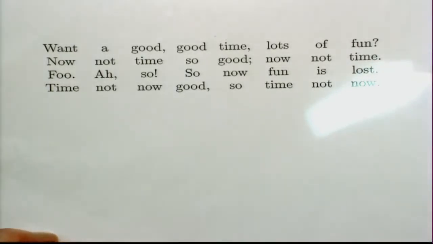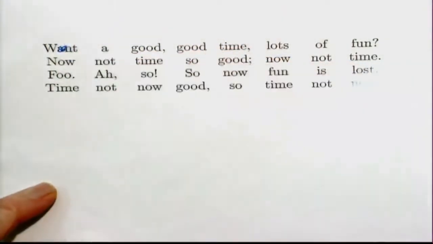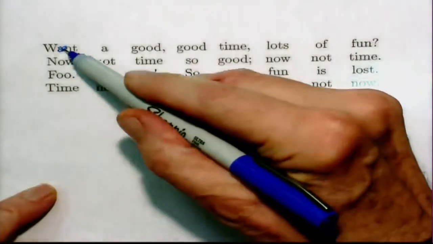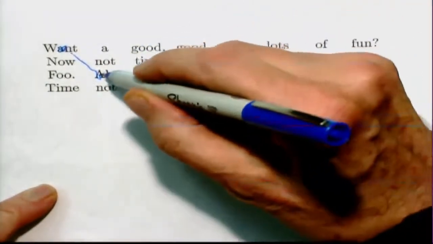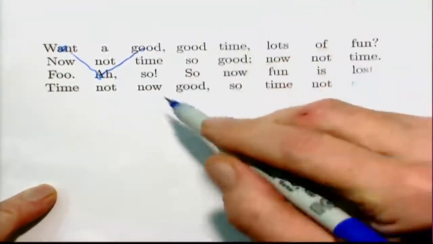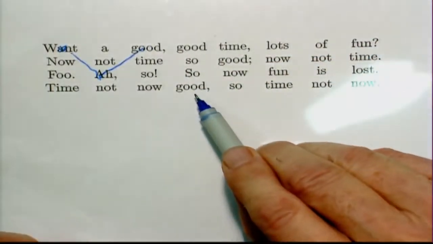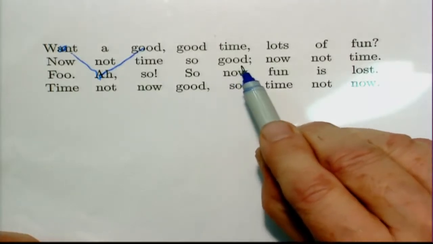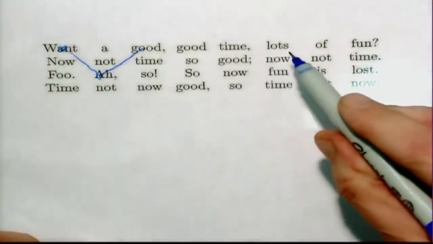But let me show you the idea of it. So you see, this poem can be read in two different ways. So I start here, and I want a good time. So want a good. I can go down here too, can I? I say good, then good time.